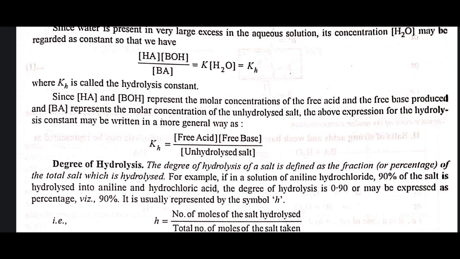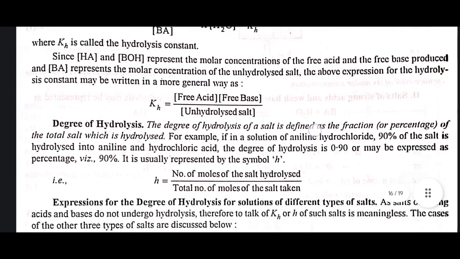Since concentration of HA and concentration of BOH represent the molar concentration of the free acid and the free base produced, and concentration of BA represents the molar concentration of the unhydrolyzed salt, the above expression for the hydrolysis constant may be written in a more general way as Kh is equal to concentration of free acid and concentration of free base upon concentration of unhydrolyzed salt.